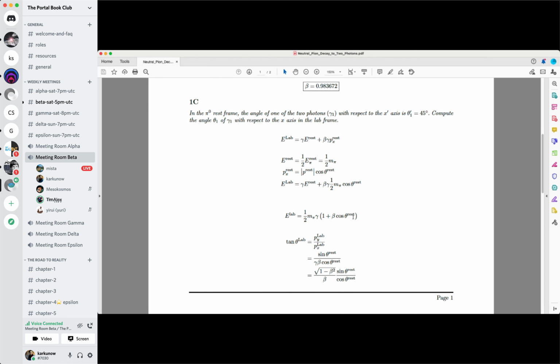So this is more of a general question out of the scope of this, but say that it decayed into two different particles, would the angles then be different? Could we know anything about this? Yeah, actually, I do have another problem that's very similar.